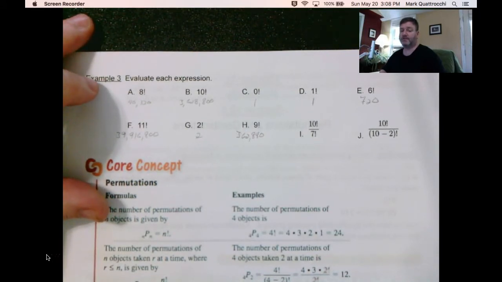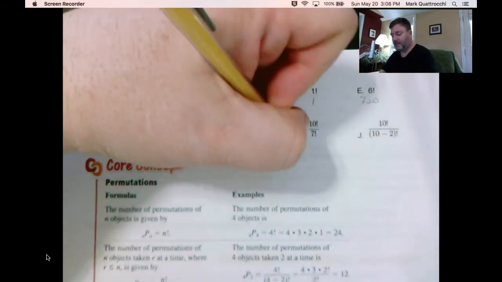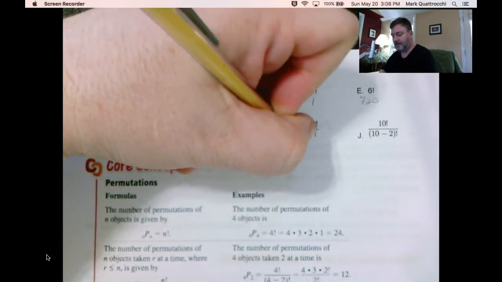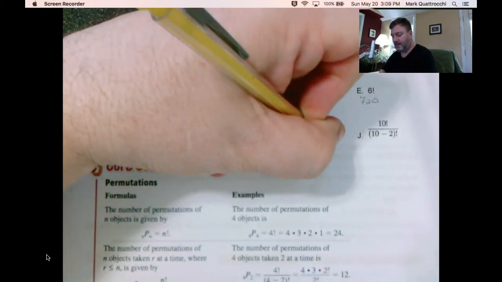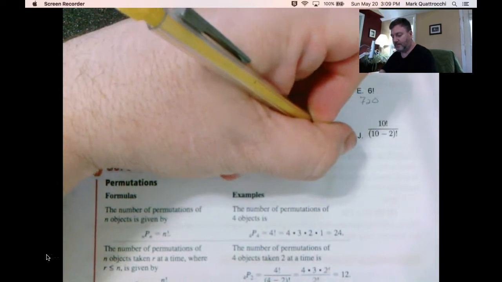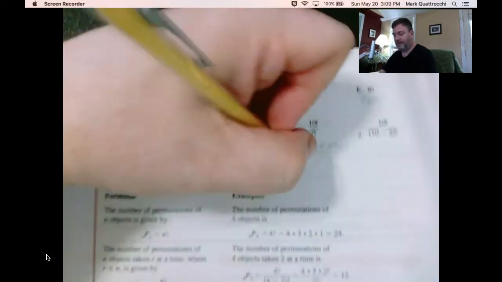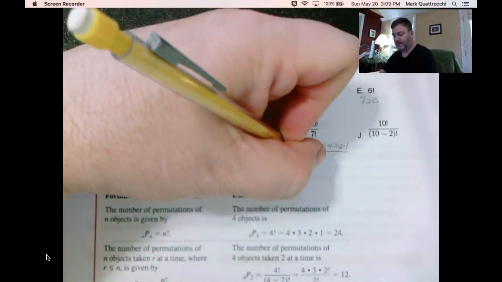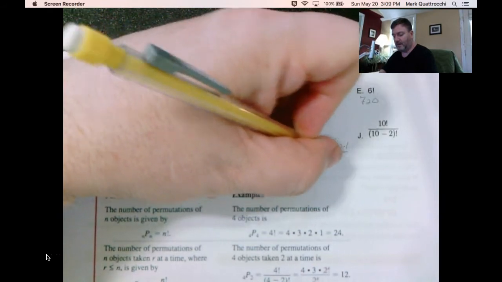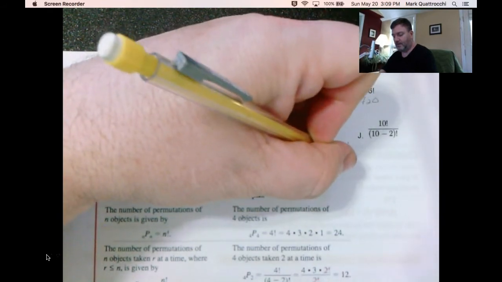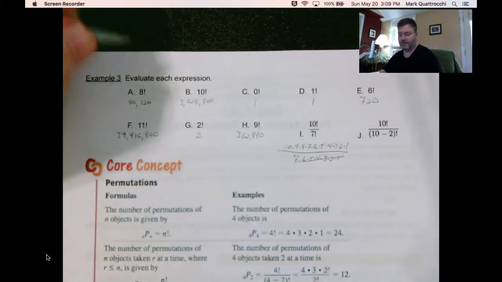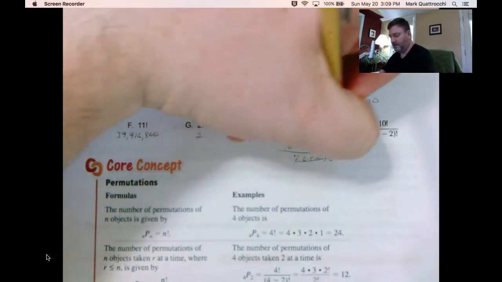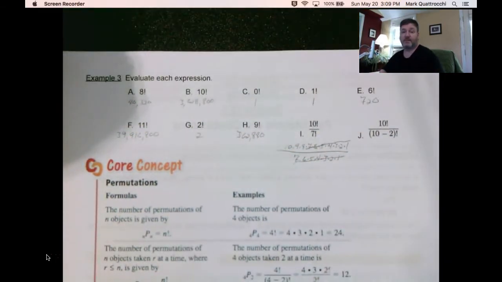Now, the reason that I have problems I and J here is to show us that we don't need to use our calculators right away on these. 10 factorial is 10 times 9 times 8 times 7 times 6 times 5 times 4 times 3 times 2 times 1. 7 factorial is 7 times 6 times 5 times 4 times 3 times 2 times 1. Well, that cancels with the 7 times 6 times 5 times 4 times 3 times 2 times 1 on the numerator.